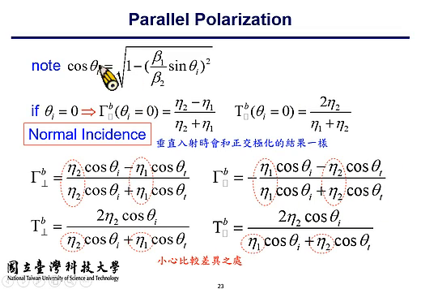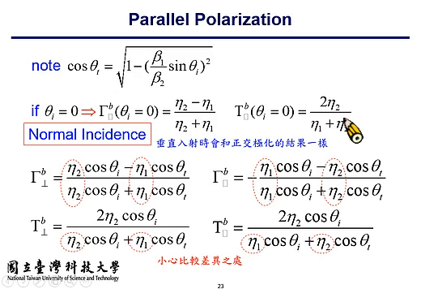Of course, the theta t angle can be substituted with the theta i angle and the beta 1 and beta 2 relationship. For a reality check, if you set the incident angle to 0, that is the normal incidence, you end up with familiar relationships. For the reflection coefficient, it's just eta 2 minus eta 1 over eta 2 plus eta 1, and the transmission coefficient is familiar as well, that's 2 times eta 2 over eta 1 plus eta 2.